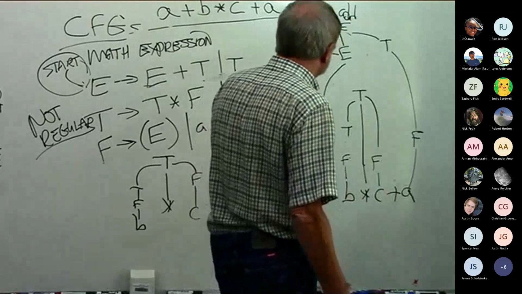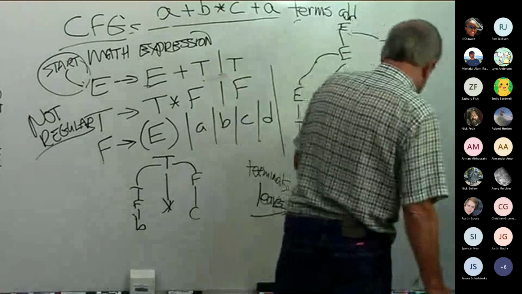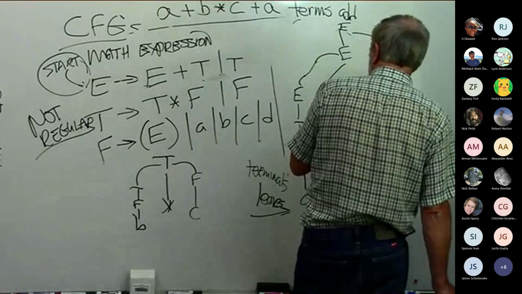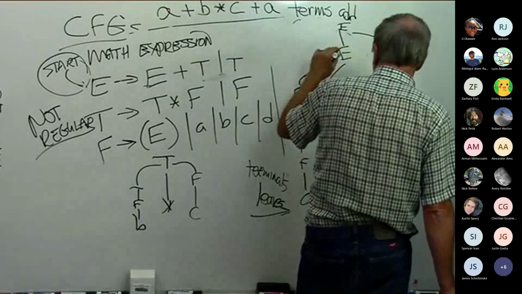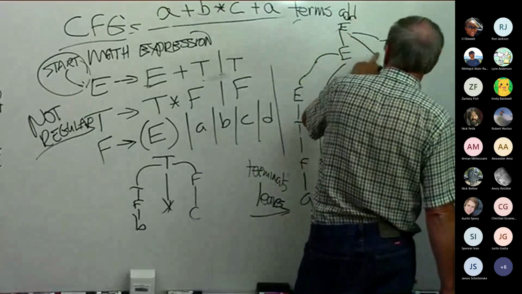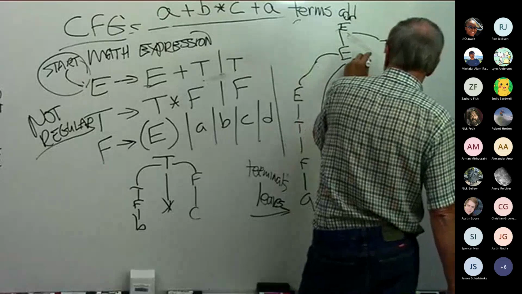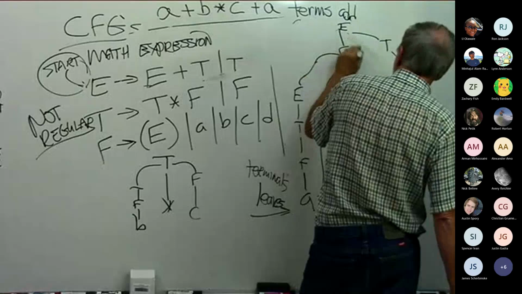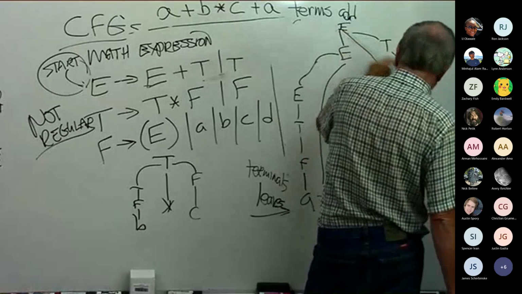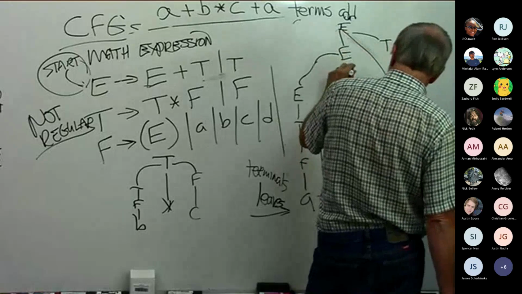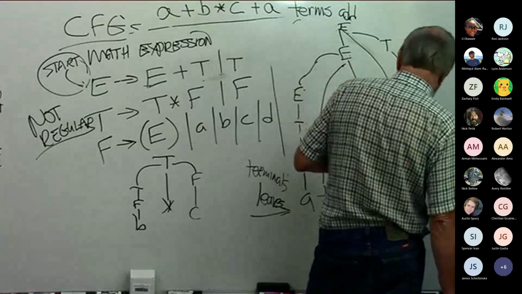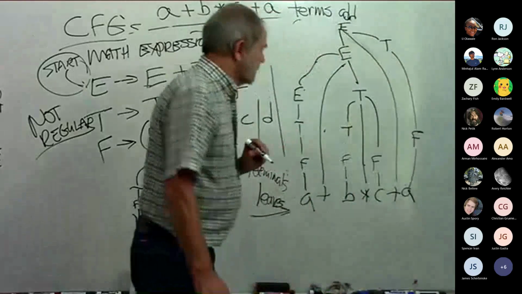And I need to replace, here we go. This E went to an E plus T. This E went to E plus T like so. There it is.